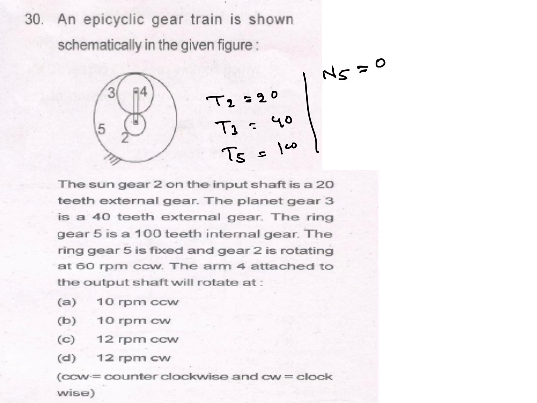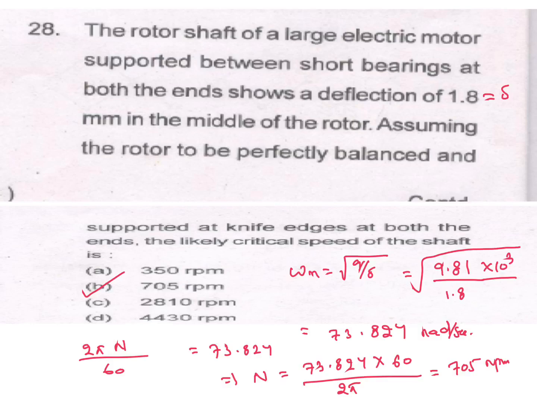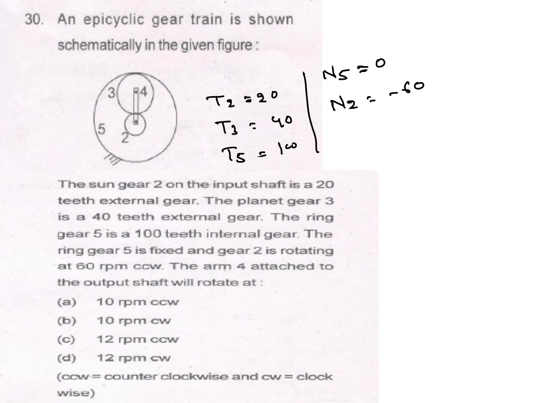Then gear 2 is rotating at 60 rpm. N2 is minus 60. Counterclockwise you will take minus and clockwise you will take positive. So minus 60 rpm. We have to find out the arm rotation, N4.